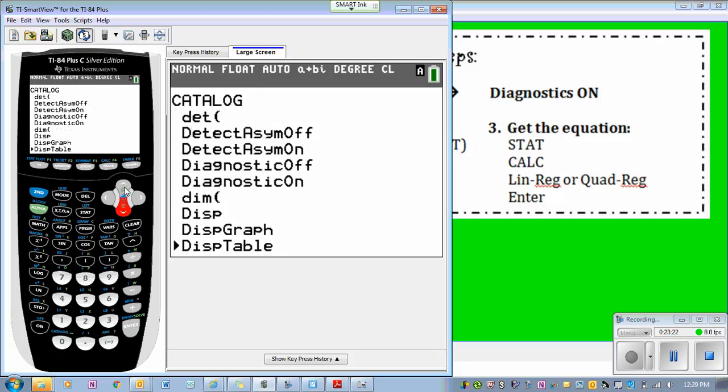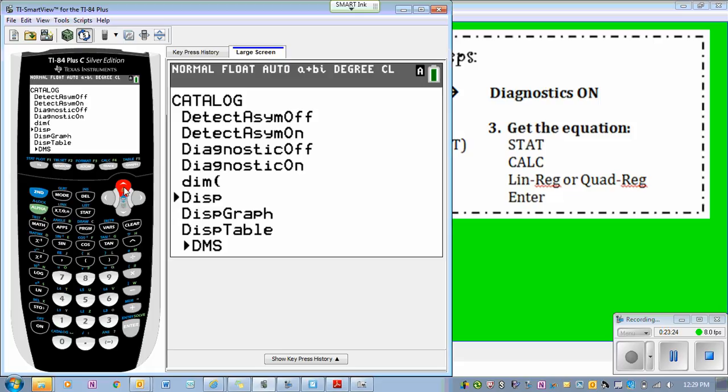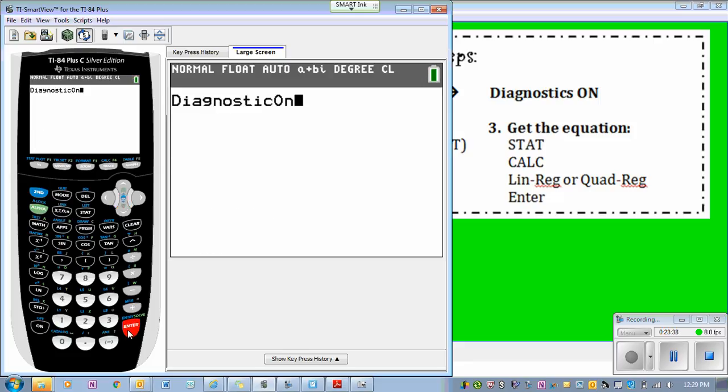Uh-oh, too much. On. We want to turn it on. So for diagnostic on, hit enter, and then hit enter again until you see the word done.